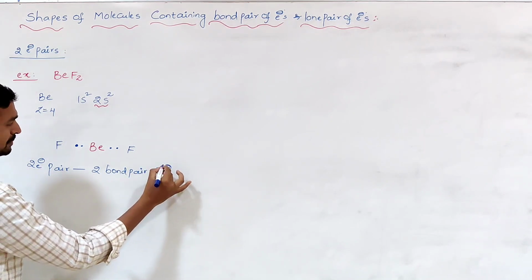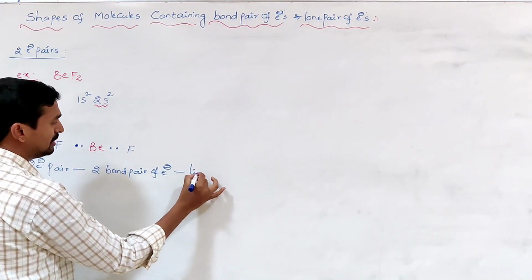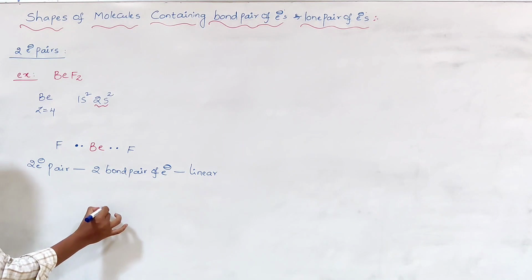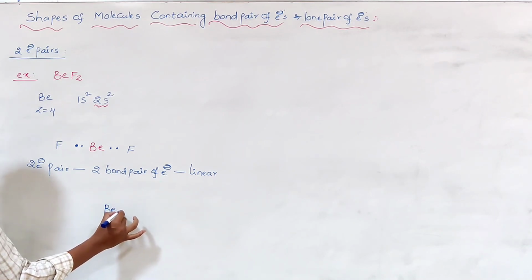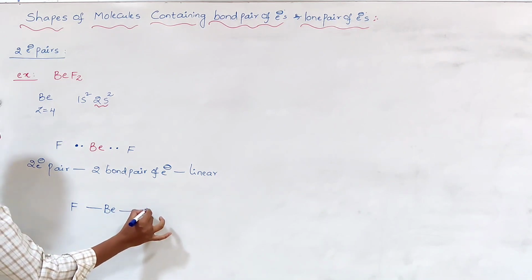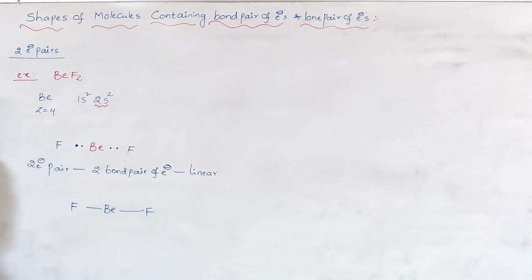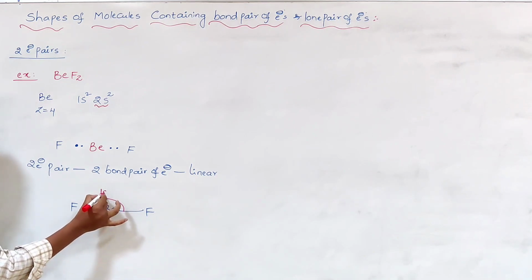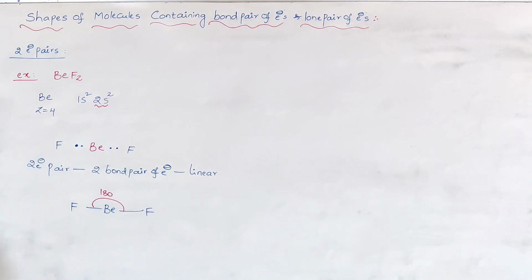The molecule adopts linear geometry, as we discussed in the last class. So the beryllium fluoride molecule, with beryllium attached to 2 fluorine atoms, adopts linear geometry. The 2 bonds are separated by an angle of 180 degrees.